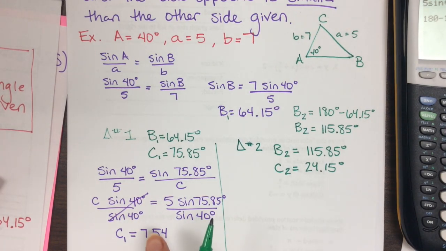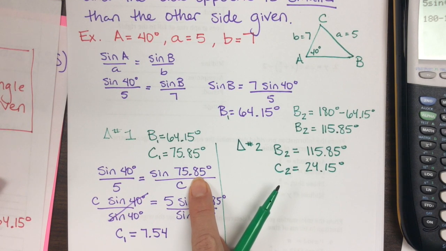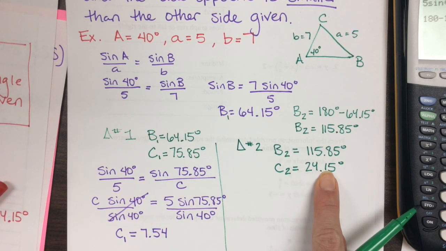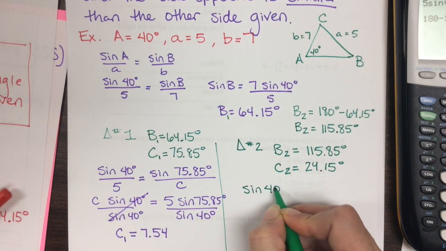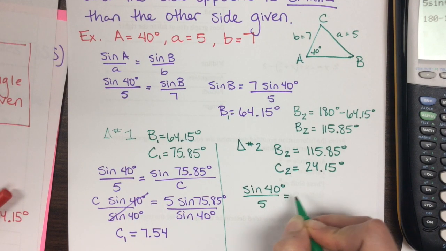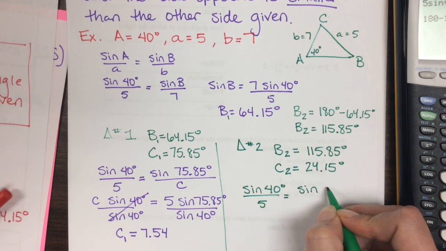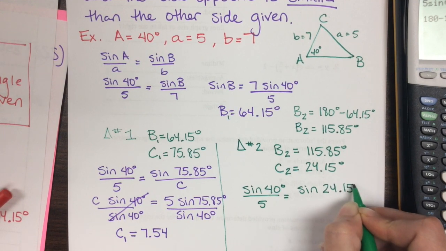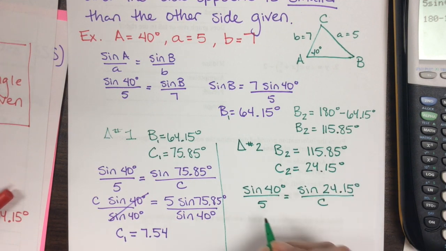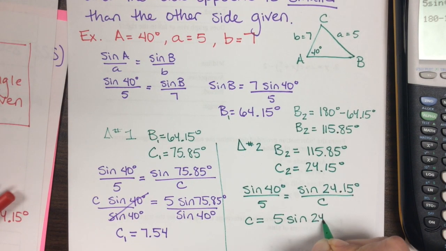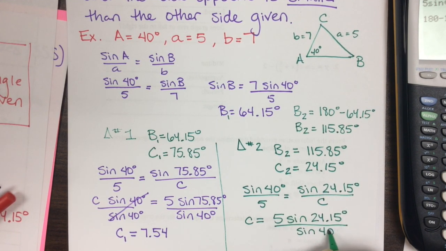Now let's find little c. We're going to do exactly what we did here, except we're going to swap out this angle C with this angle C. So sine of 40 degrees over 5 equals sine of angle C, which is 24.15 degrees, over little c. Let's cross multiply and divide, and we find that little c equals 5 times the sine of 24.15 degrees, all of that over the sine of 40.